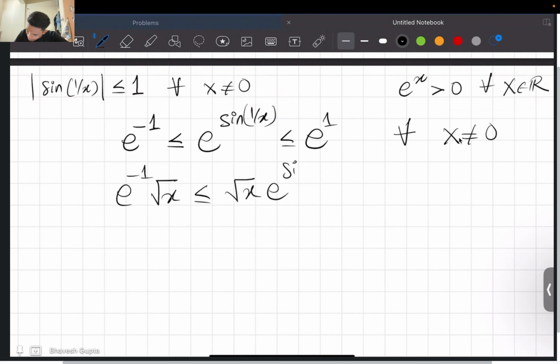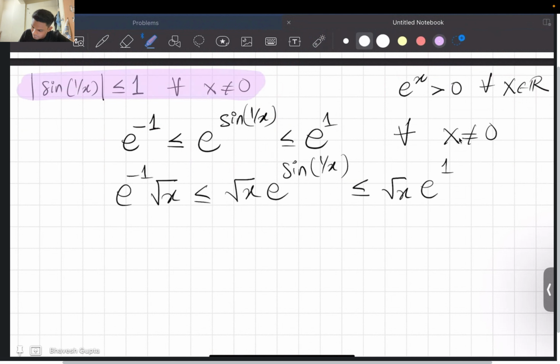Why am I multiplying root x on everywhere without having to worry about the sign of the inequalities? The reason is that I also saw something called root x, which is positive, right?